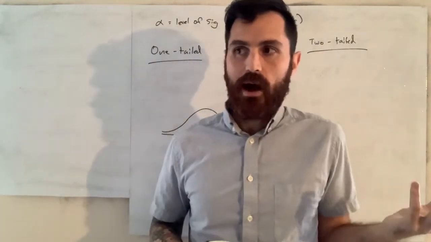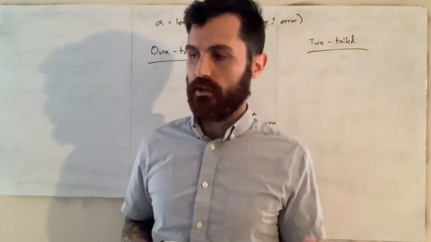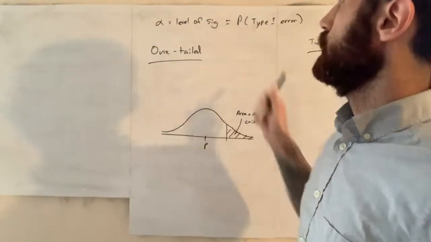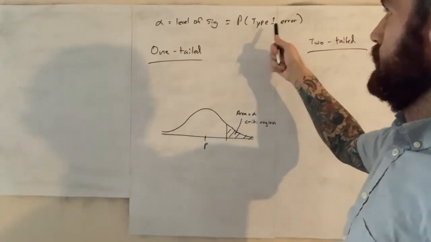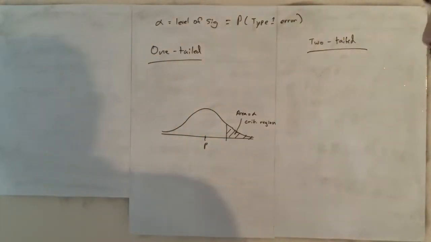So we generally set it at about 5% or 0.05. So again, you set your level of significance. That's going to be the probability of making a type 1 error. And we have these two pictures.